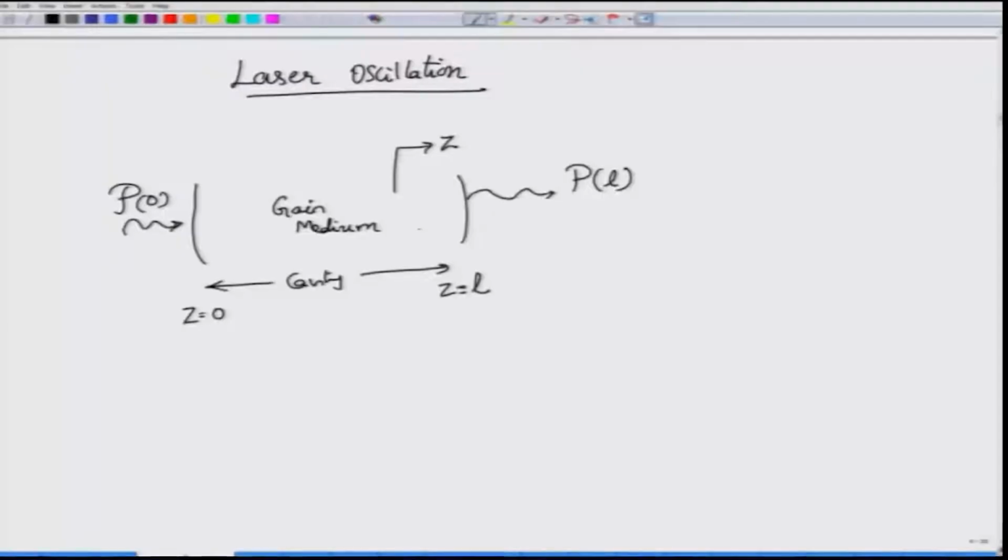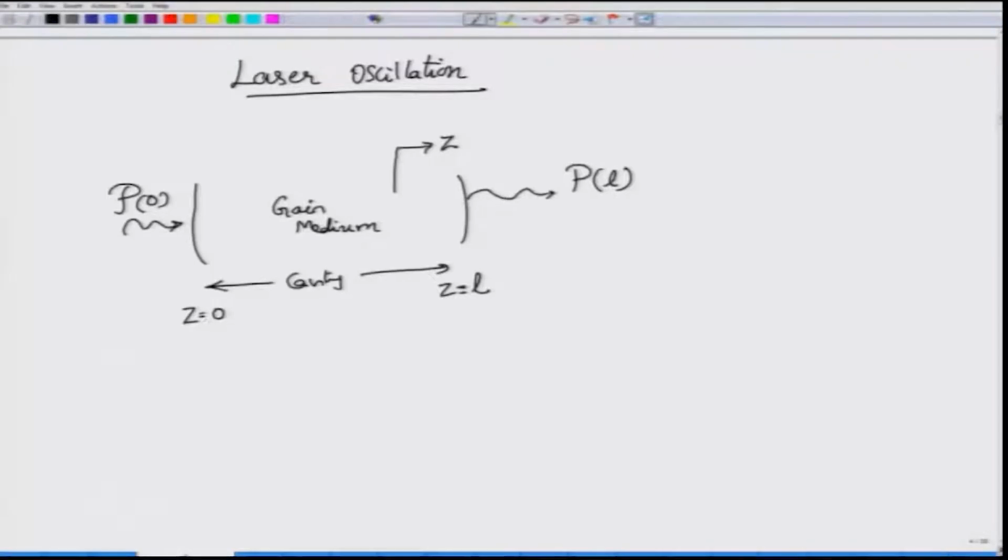So, we will look at the laser oscillation. In order to look at the laser oscillation, let us assume a cavity and then put our gain medium inside this cavity. Let us also assume that the cavity has a length L, which we are going to measure along the z axis. Now, since this is a gain medium, this medium has to provide gain, right.